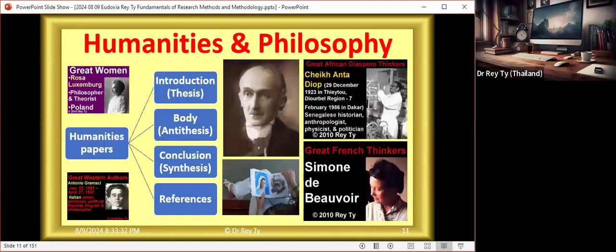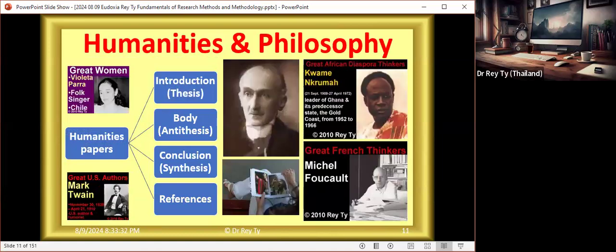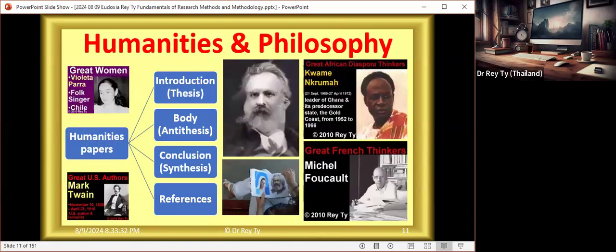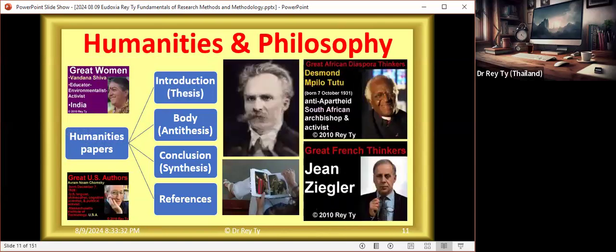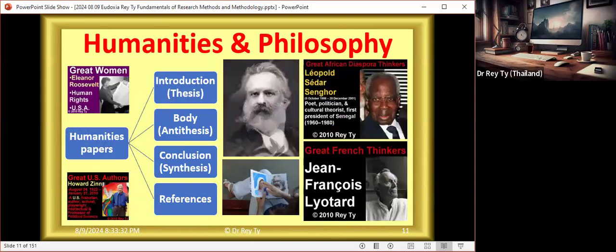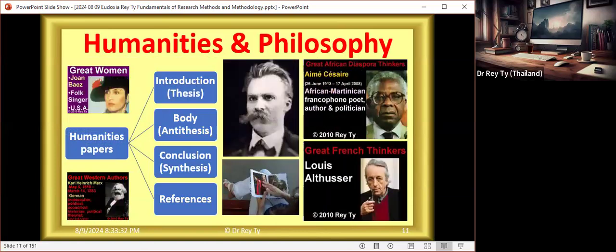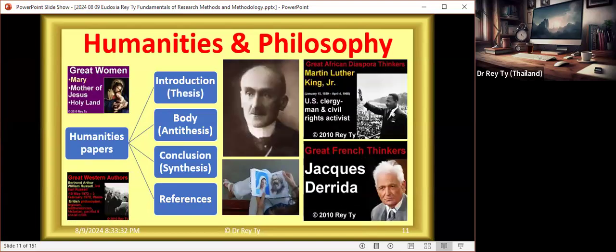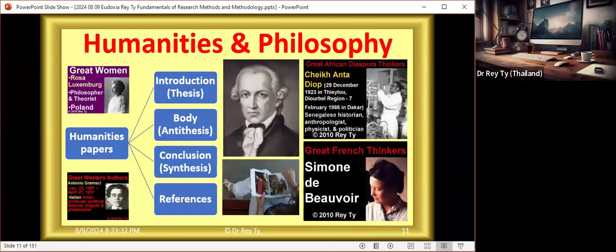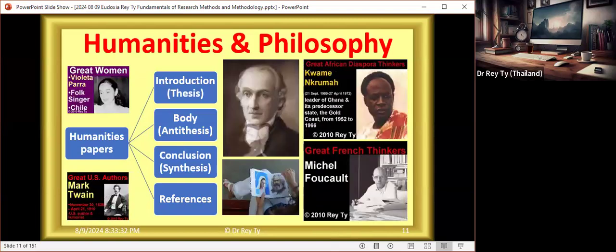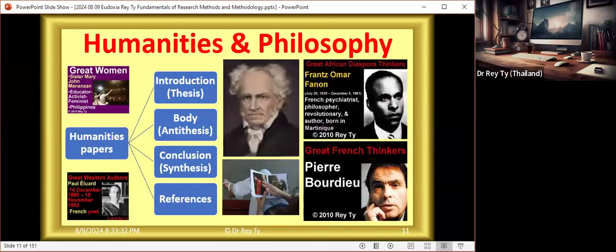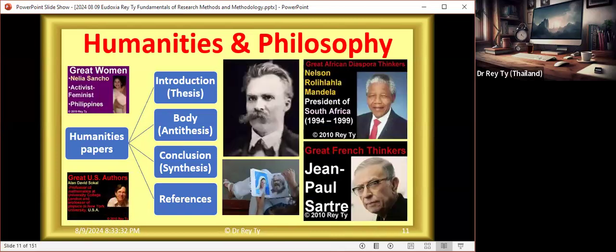In fact, people from all over the world in the humanities and philosophy, you have African American and African scholars, Frantz Fanon, Senghor, Nelson Mandela, Desmond Tutu, and then you have French philosophers, Ziegler, Louis Althusser, Badiou, Bourdieu, Michel Foucault, Lyotard, and then you have Marx, Rosa Luxemburg, and many feminist writers too. Vandana Shiva of India, Eleanor Roosevelt.